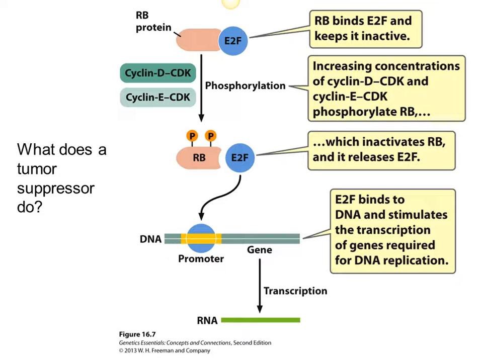And so E2F would inappropriately push the cell into S phase, even when the cell might not be ready, or the cell might need to stop and do some DNA repair. If the retinoblastoma protein wasn't there, the E2F would be able to push the cell forward when it's not the right time. And so that is one of the examples of a loss of control of the cell cycle.